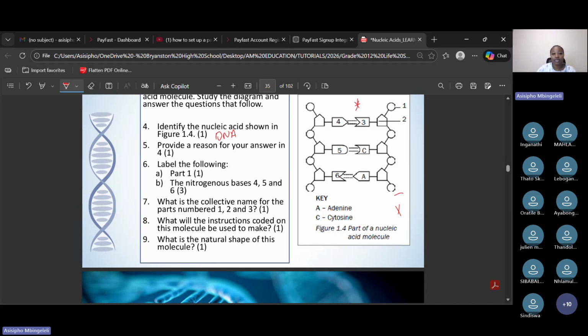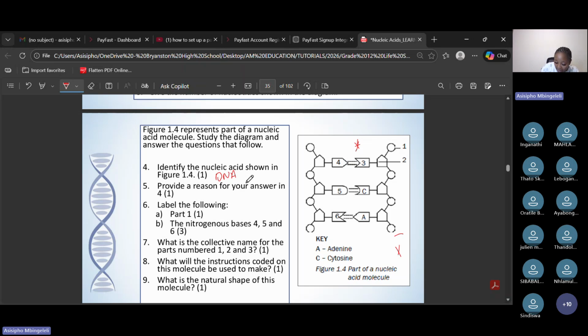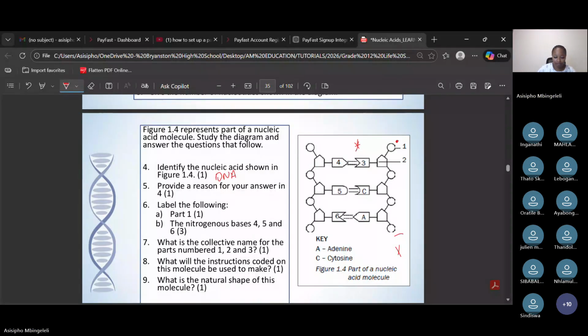Okay. Then let's label the following part 1. There is part 1 here, and they want us, let's label part 1 first. If you're ready to answer these questions, please do raise your hand so that it makes it easier for me. Inganati, part 1. Part one is a phosphate ion.